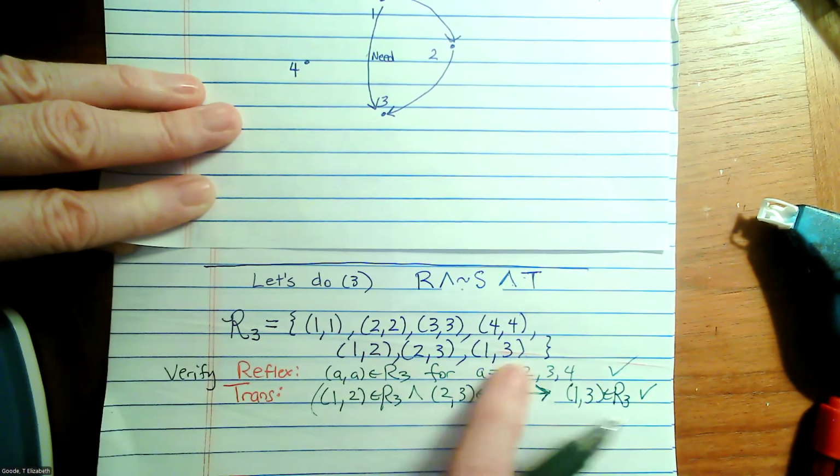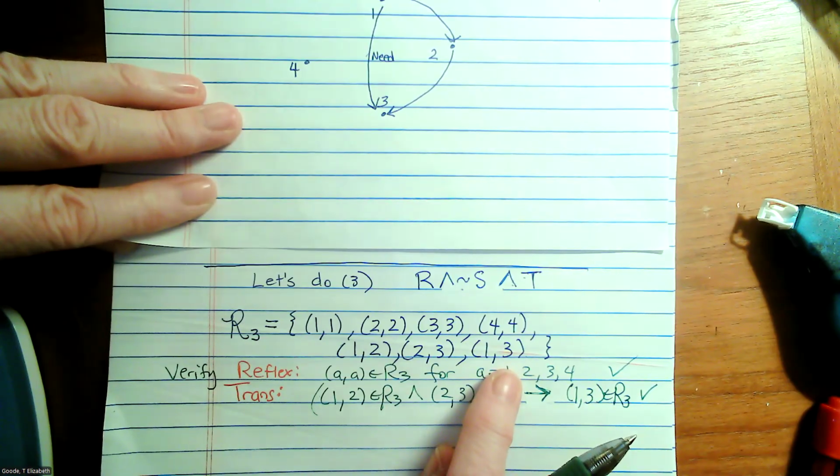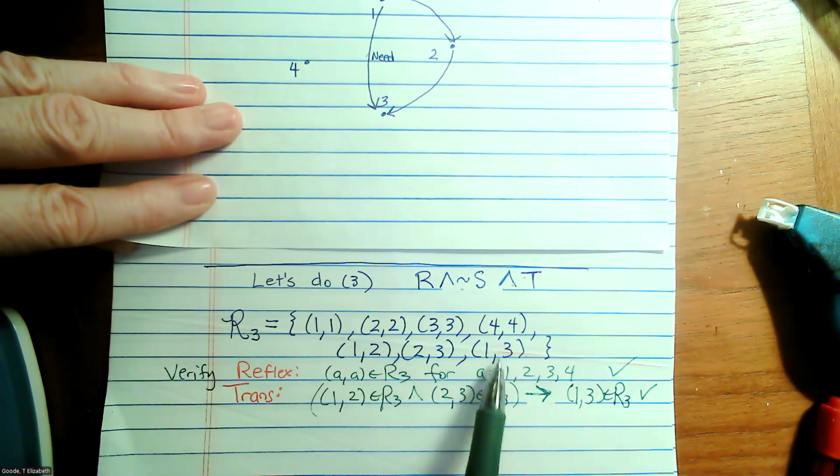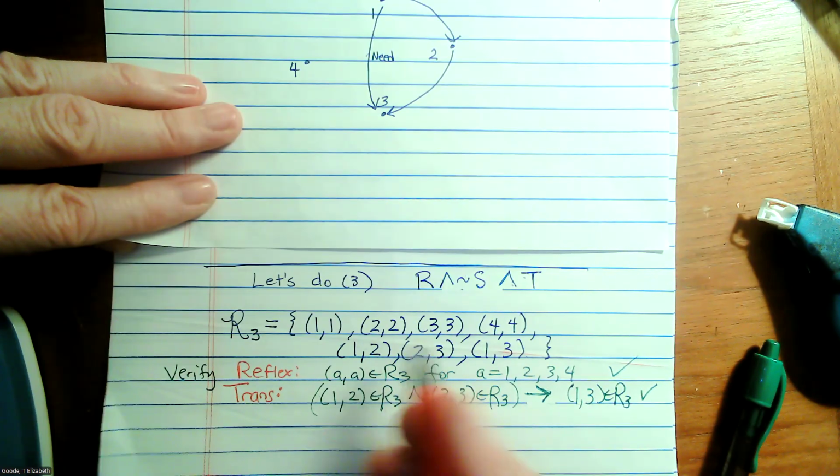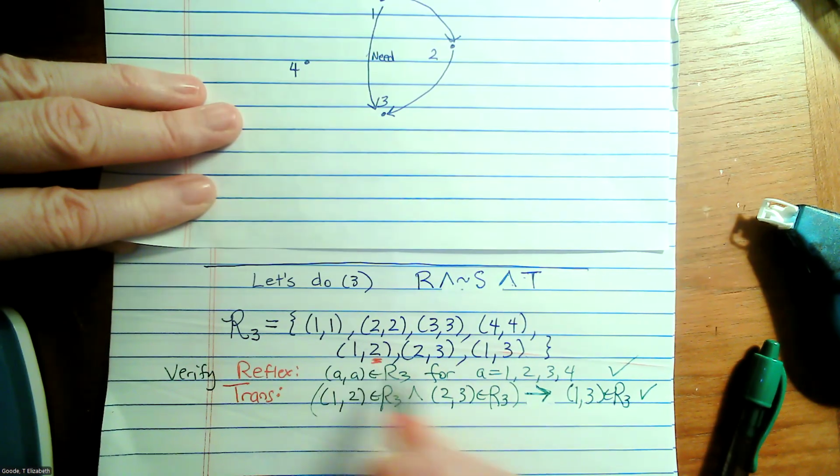All right, let's just double check and make sure we didn't mess it up any other way. Was there any way to cross over on anything else? Nope, only the 2 appears as both a second coordinate and as a first coordinate.